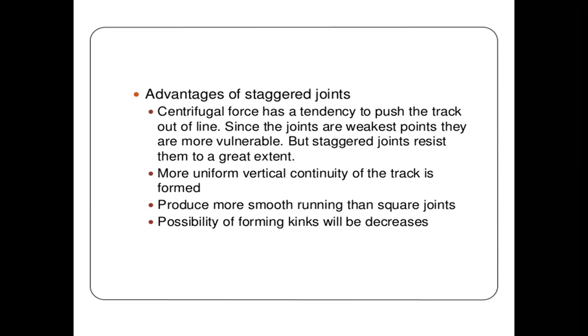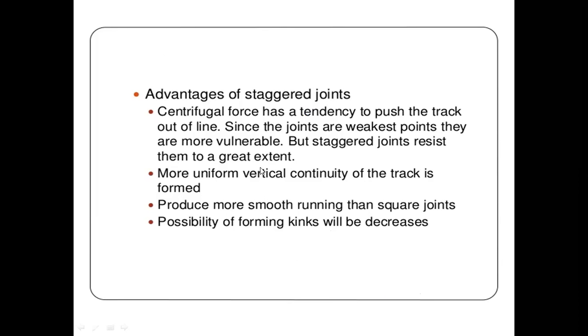Here we can observe that if we consider this a rail and another one a rail, and a joint is placed here and the same on the other track, then joints which are opposite to each other are known as square joints.